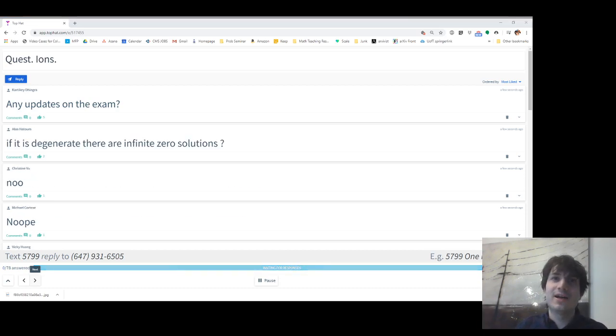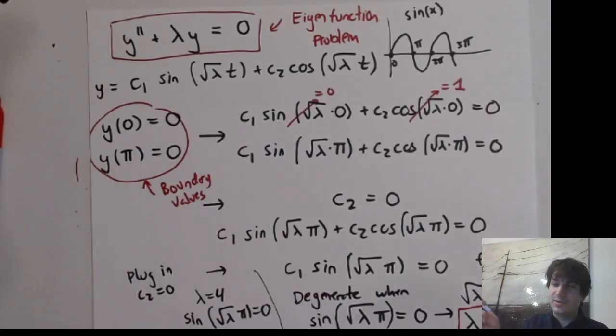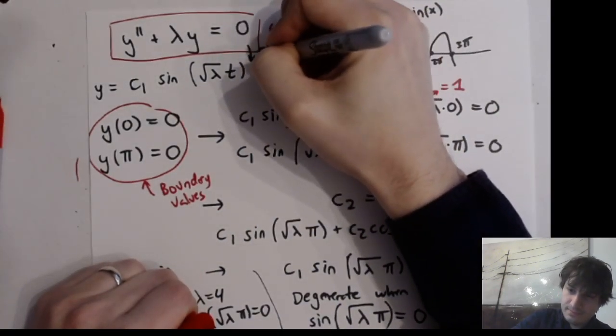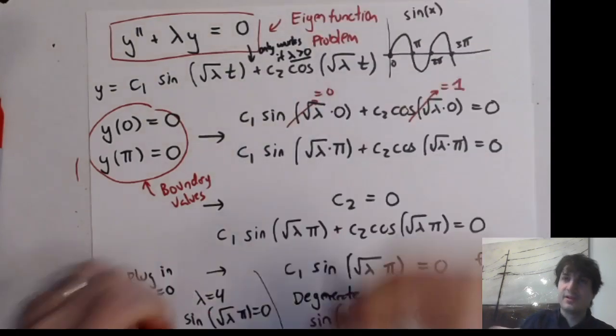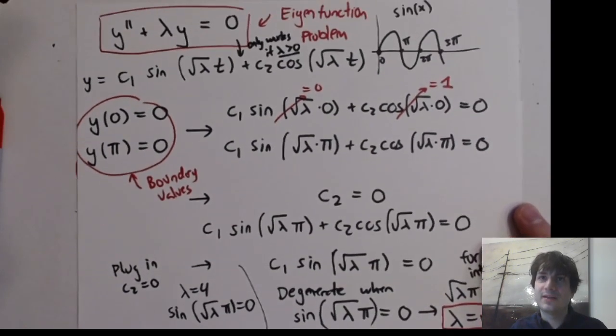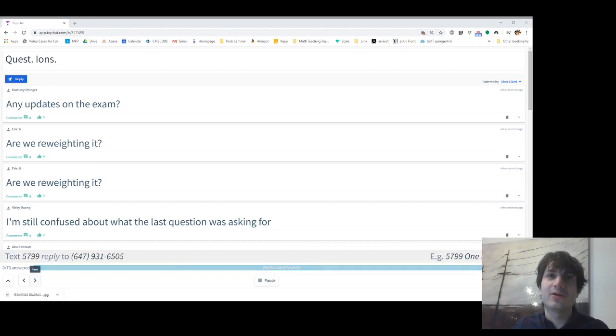So when I did this, I assumed lambda was positive. And I shouldn't have done that. So this only works if lambda is positive. So for lambda negative, you should check, but it will be true that the only solution is the zero solution. Yeah, that's a good point. Maybe I'll do that. That'll come up at some point, probably. Okay.